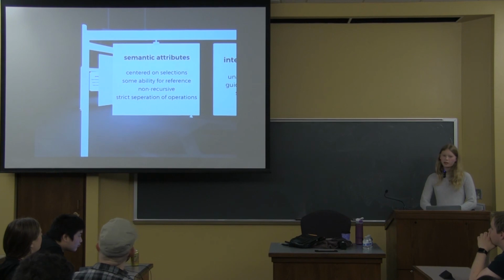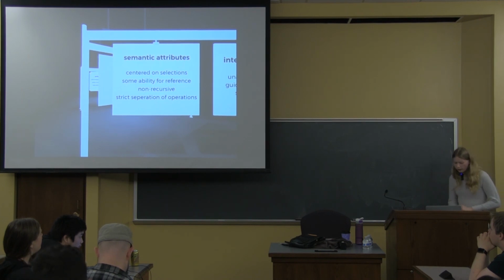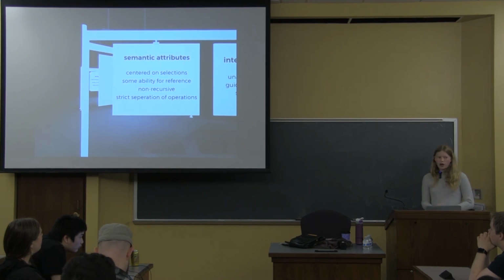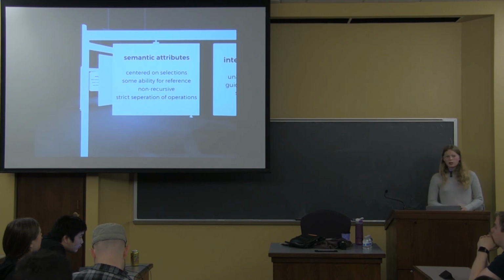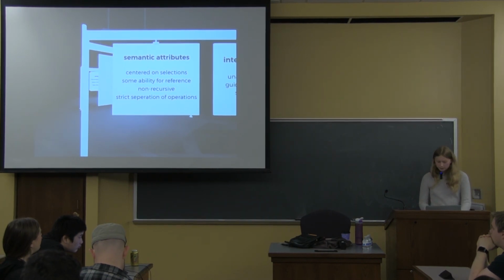We, however, don't want any recursion in selection. We only want essentially conjunction and narrowing. There should always be a fundamental limit to how much we can reference one set from another. And we want a very strict separation of operations. The operations for selecting data should be both visually and semantically distinct from operations that do analysis on that data.